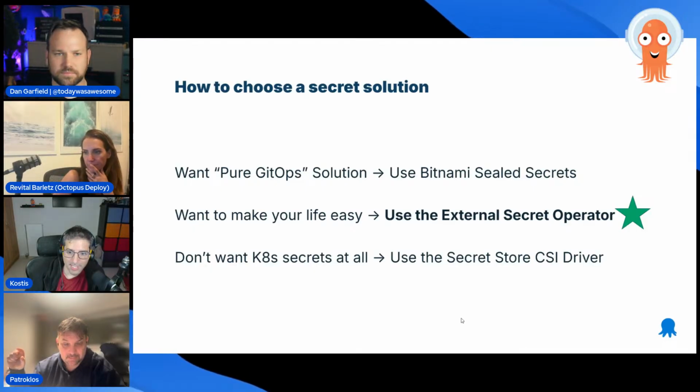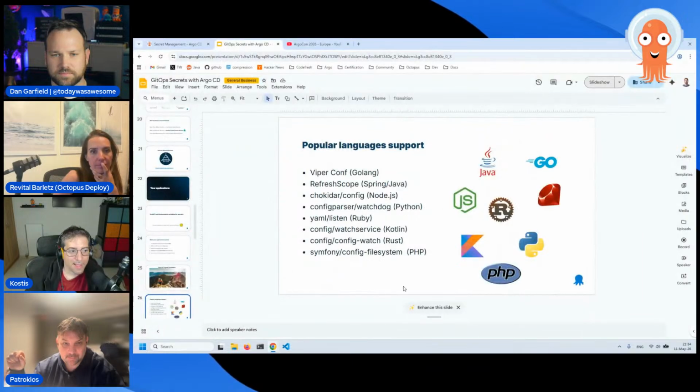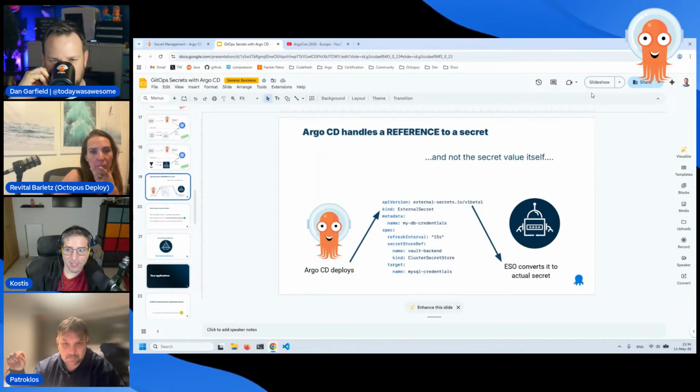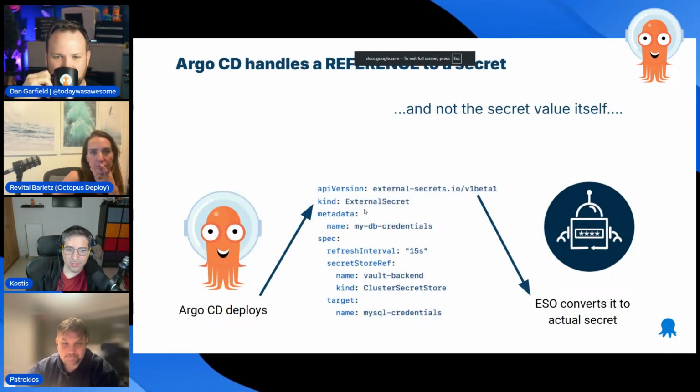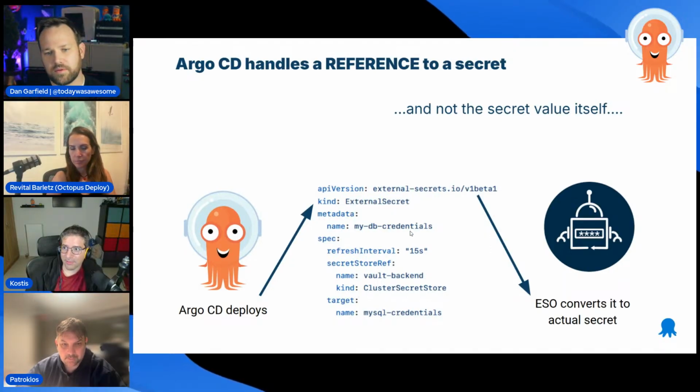I have this on the next slide. It converts an external secret. The external secret is a new resource that you get once you install ESO. So you get an external secret. This gets converted to a Kubernetes secret, and then it's mounted on the pod.